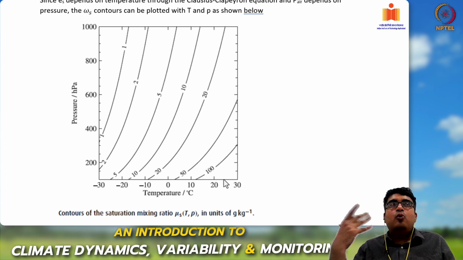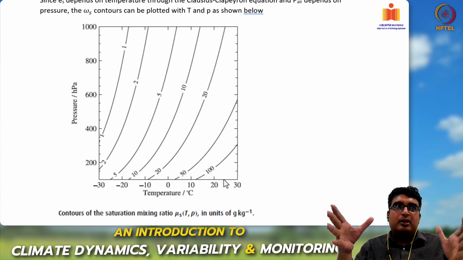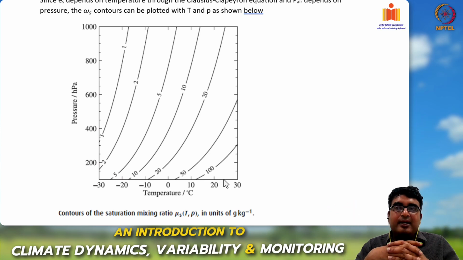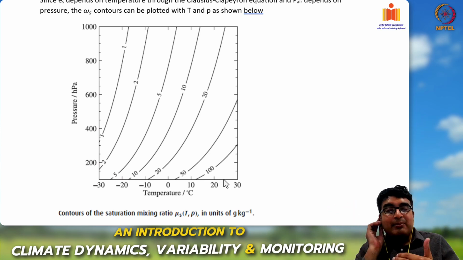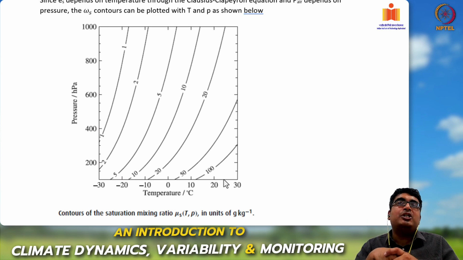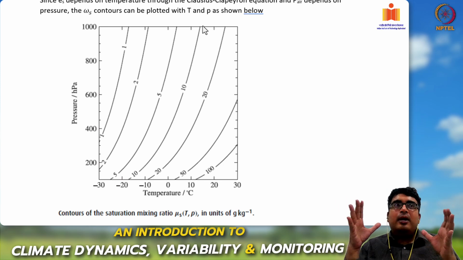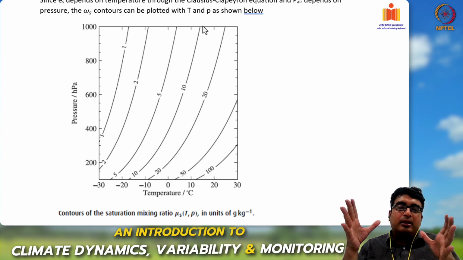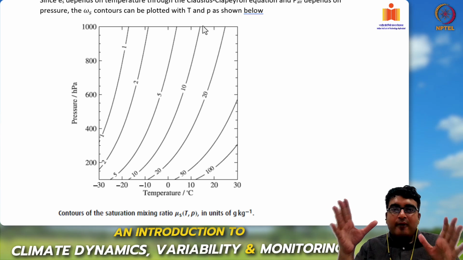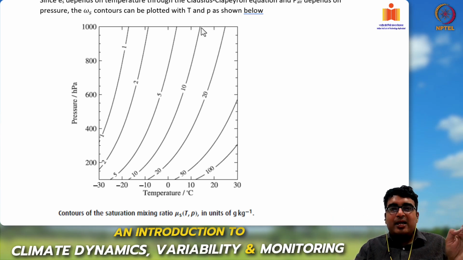So if you look at a moist air parcel at 25 degrees centigrade at sea level, then the maximum amount of water vapor it can hold is around 20 grams per kg of dry air. Okay. Similarly, if you decrease the temperature, the maximum amount of water vapor that an air parcel can hold becomes 10 grams at 1000 hectopascals at 1 atmosphere at around 12 degrees centigrade.